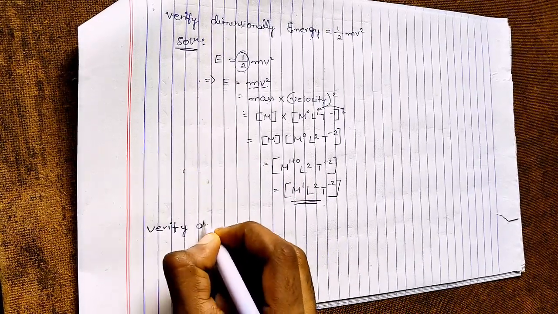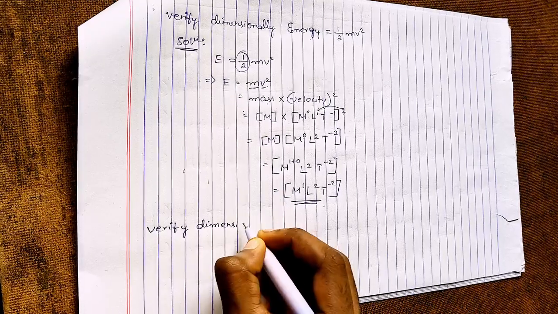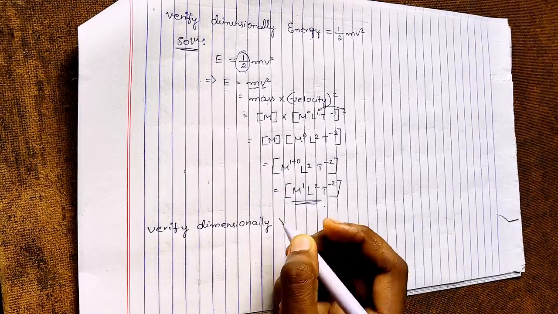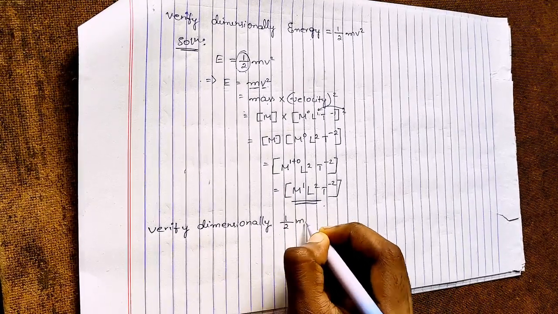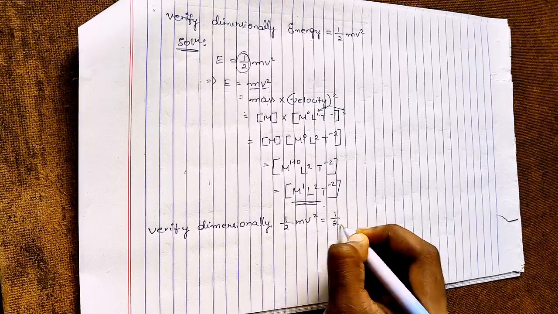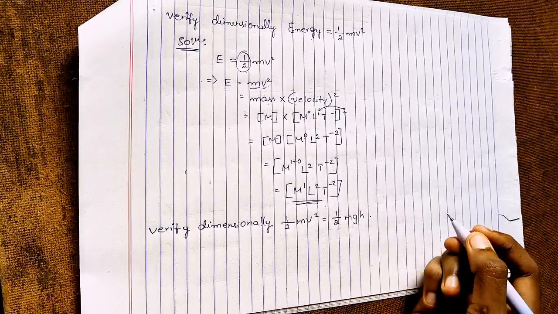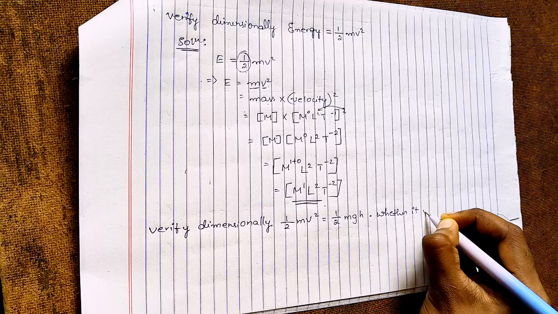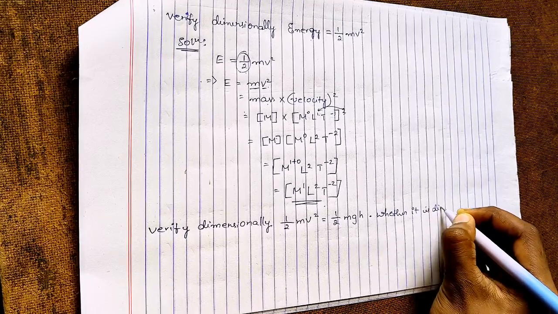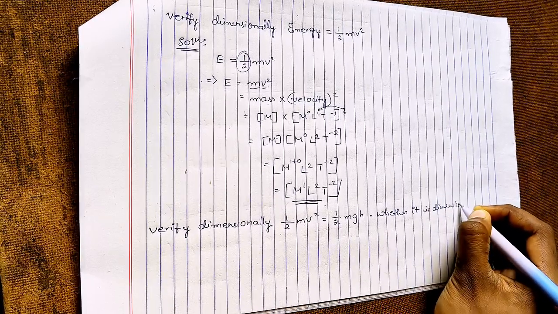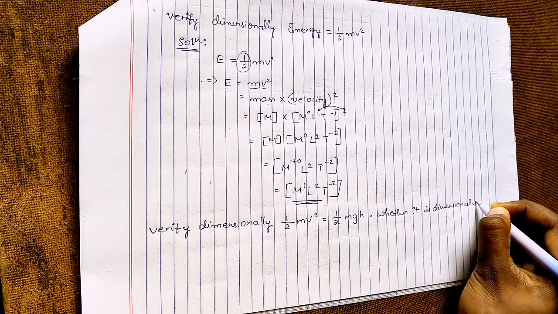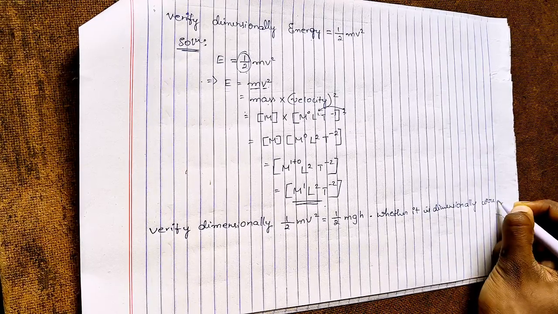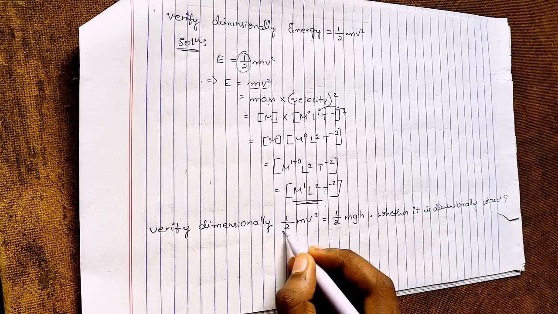Next question, verify dimensionally: half mv square is equal to half mgh. Let us also check whether it is dimensionally correct or wrong. Solution.